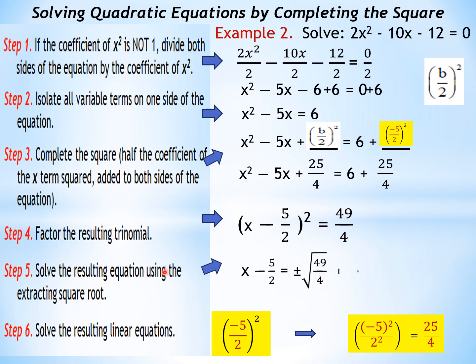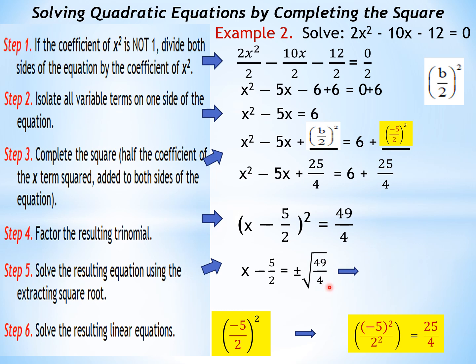Okay? So, from here, gagawin na natin yung step number 5. Wherein, i-square root natin itong both side. Okay? So, ito magiging plus or minus the square root of 49 divided by 4. So, ano bang square root ng 49?